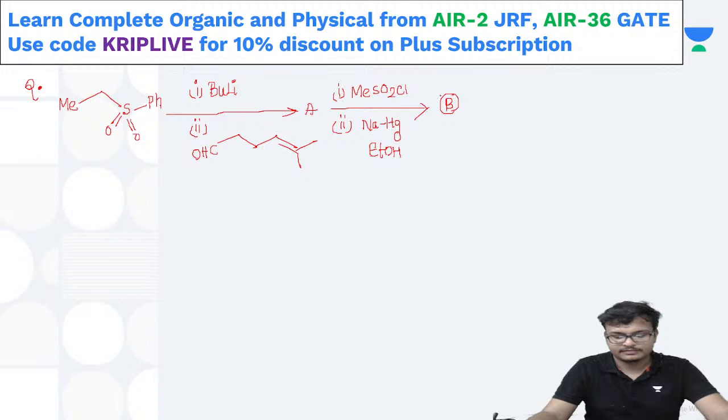So now you have to tell me what the structure of B is. What will the structure of B be? I'm giving you one hint. This one is an example of the Julia olefination reaction.